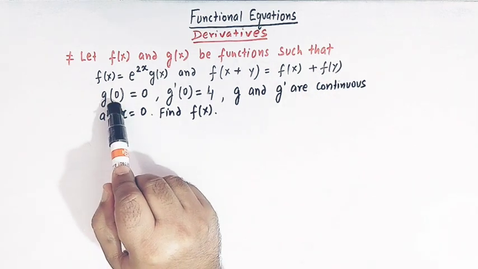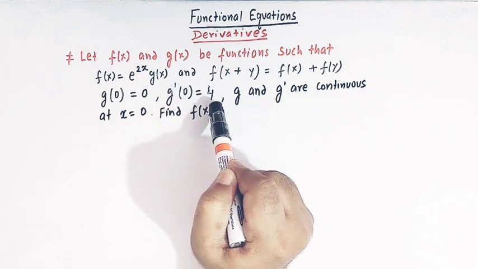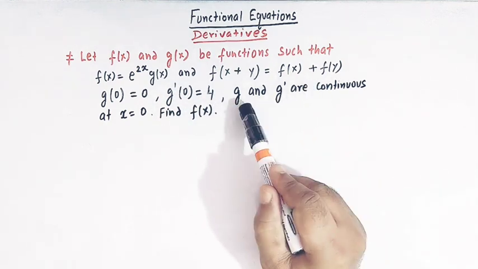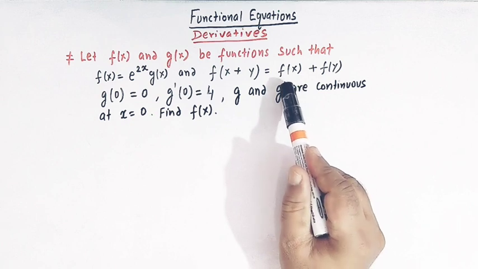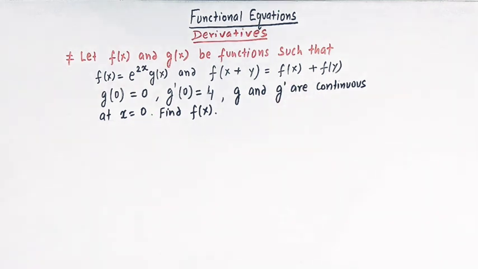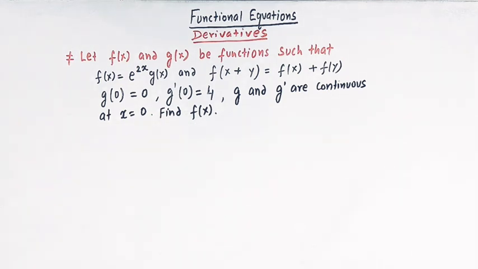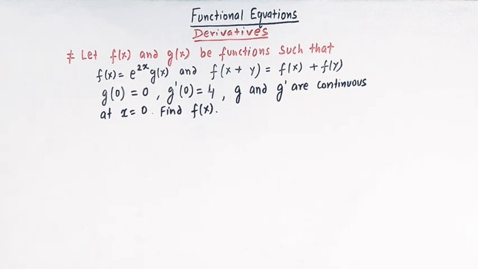And g of 0 is given as 0, g prime of 0 is given as 4, and here g and g prime, that is the derivative of g, are continuous at x is equal to 0, right? So we have to find the function f of x, or in other words we can say that we have to find the form of f of x.